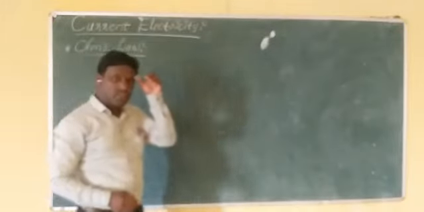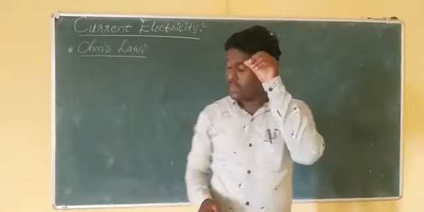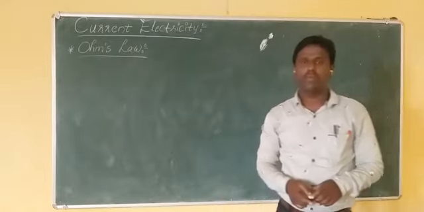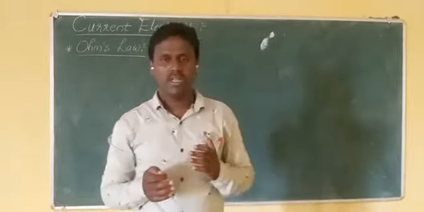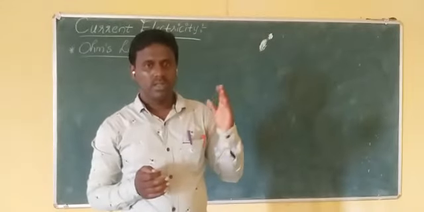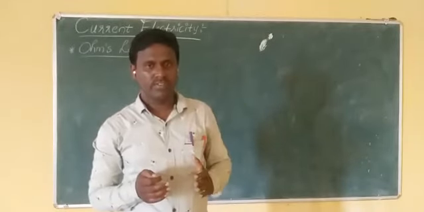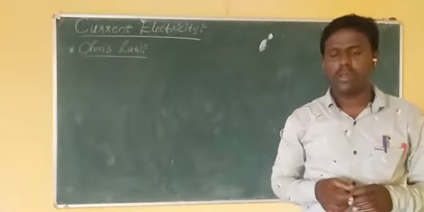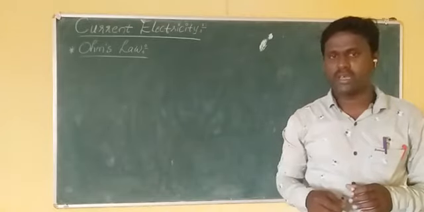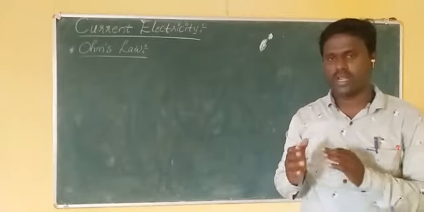The scientist Georg Simon Ohm gave a relation for how the current varies in a conductor with respect to the potential difference provided by the battery eliminator to the conductor.